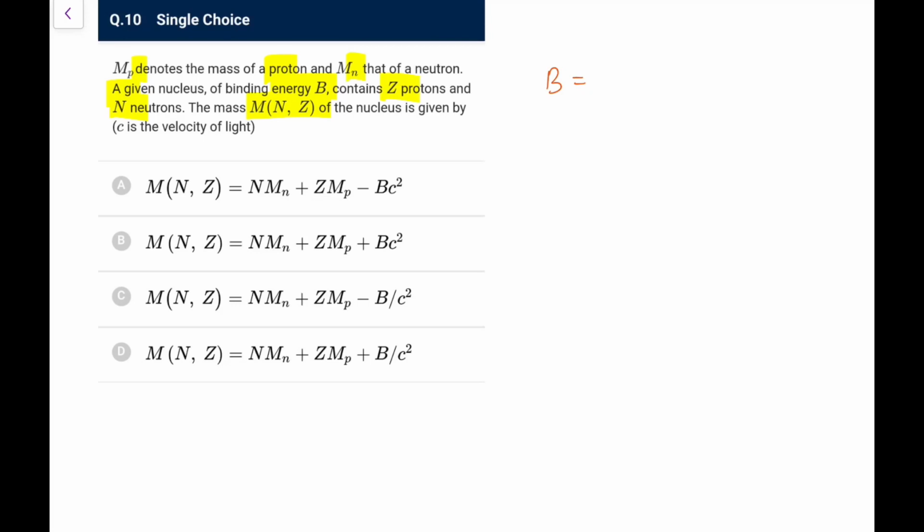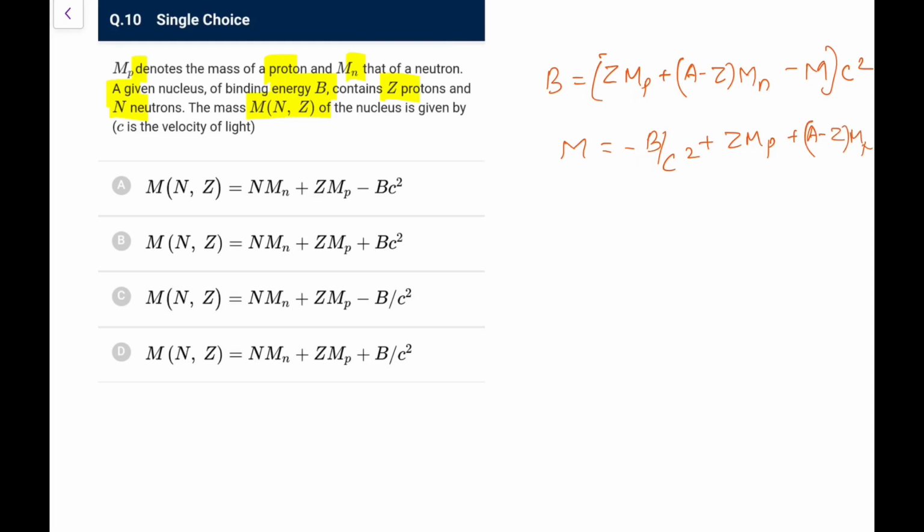We know the original constituent mass is more, so Z times protonic mass plus A minus Z times neutronic mass, minus the mass of the nucleus, M, into c square, that is what we write. So from here, M would be equal to negative B by c square plus Z mp plus A minus Z mn. So now going by this, we are left with only one choice, which is option C.